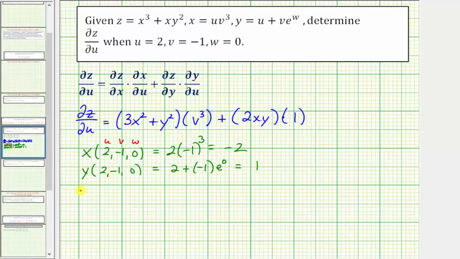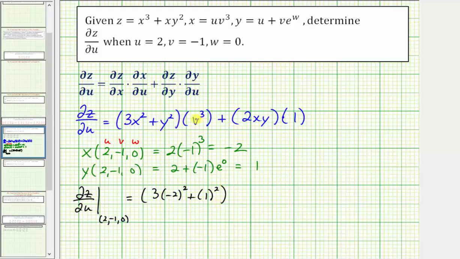So now we'll determine the value of the partial derivative, again, when u equals 2, v equals -1, and w equals 0. So we have 3, and then for x squared, we know x is going to be -2, so we have 3 times -2 squared plus y squared, which would be 1 squared.